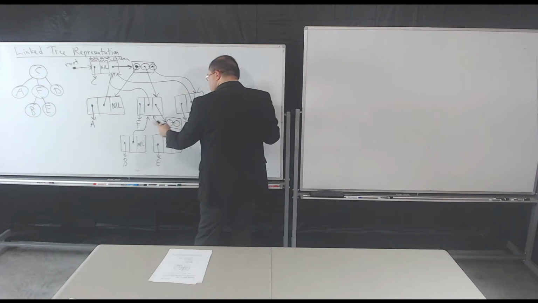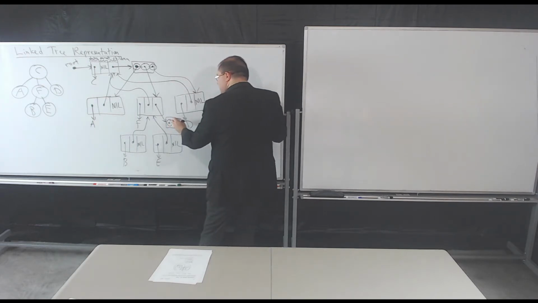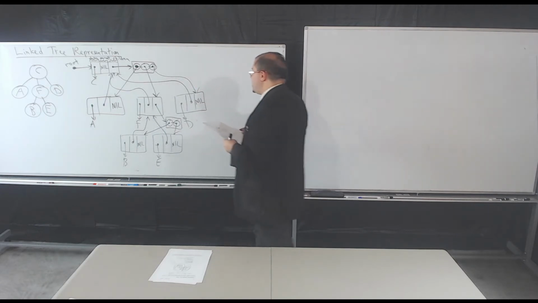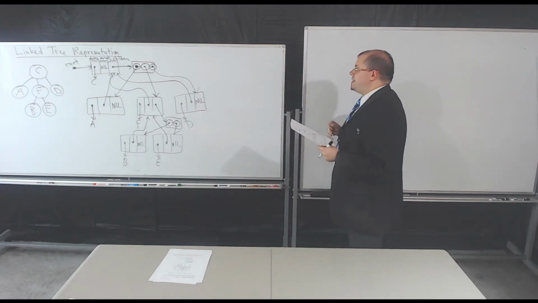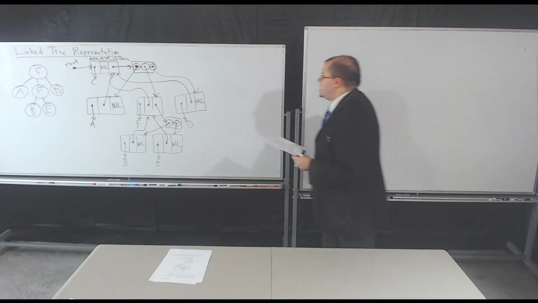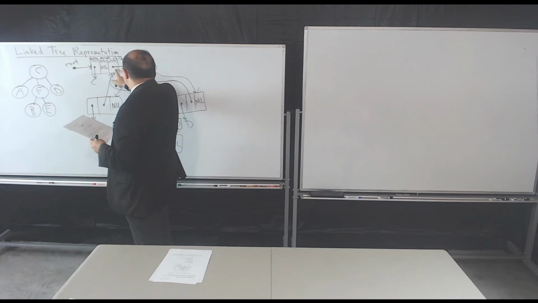And remember, B and E are the children of F, so they must be in the list here of children. And there we go. I think we got everything. There's the linked tree representation. So we have nodes. Remember, each has a data field, a parent, and a list of children.